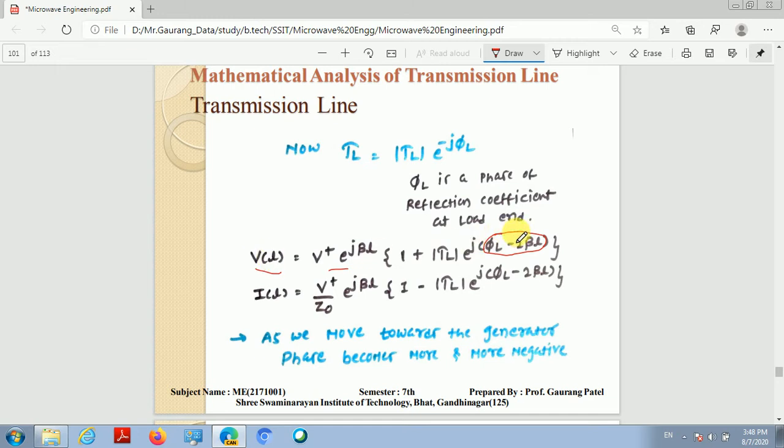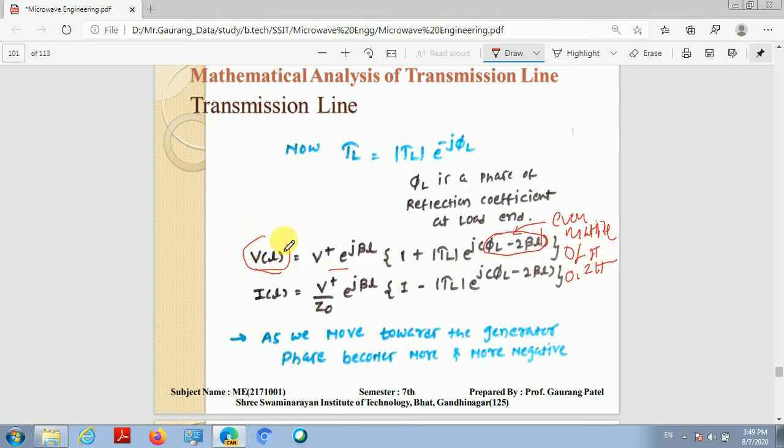When the value of this phase is an even multiple of pi, that is 0, 2 pi, 4 pi and so on, at that time this exponential term becomes 1, and our voltage will be maximum.